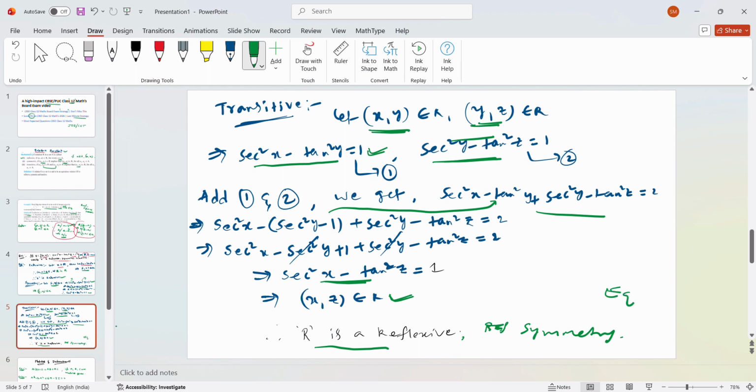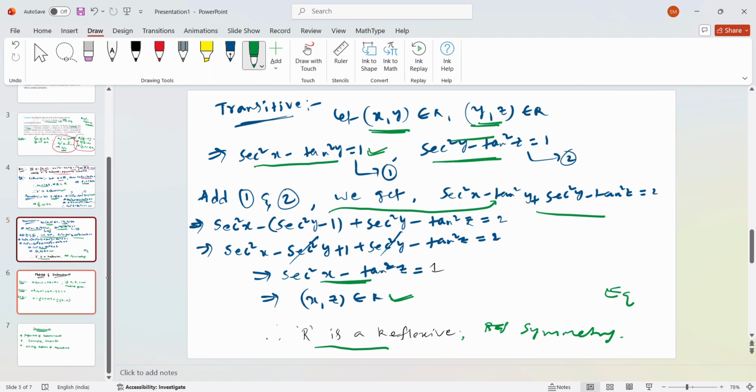Next, coming to functions, we have to solve the problems related to one-one and onto, and once these two conditions are satisfied, what do you call it here? We call it a bijective function.